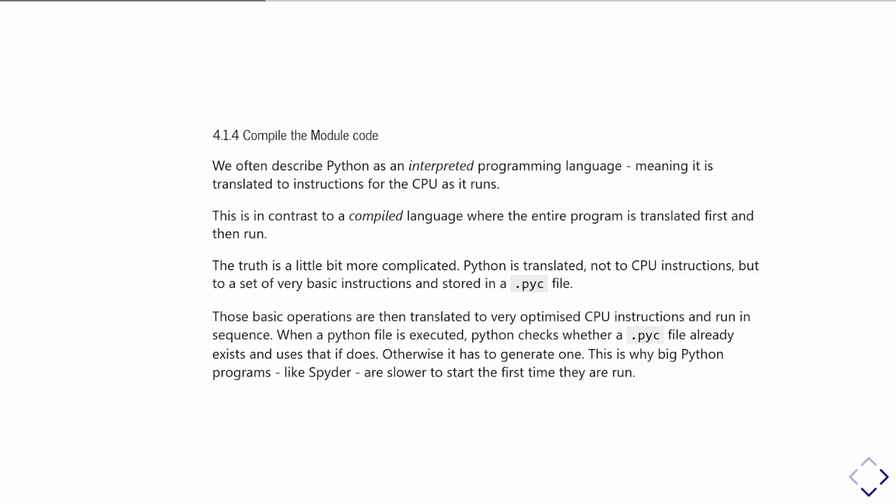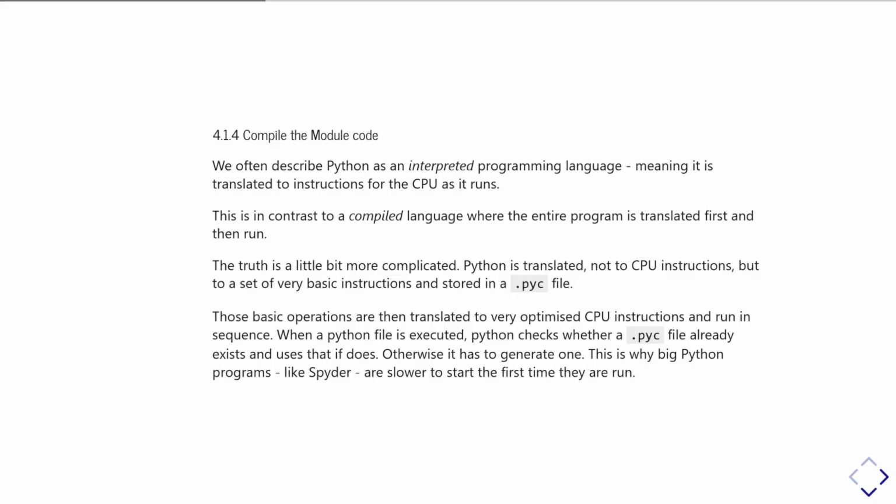And in a compiled language, the process of preparing that code to run on your computer and running it are two separate things. And that's why when you download a program off the internet, you're normally downloading the compiled code, and you can just run it straight away because someone's already done the process of converting it to the appropriate machine code instructions. The truth actually is a little bit more complicated.